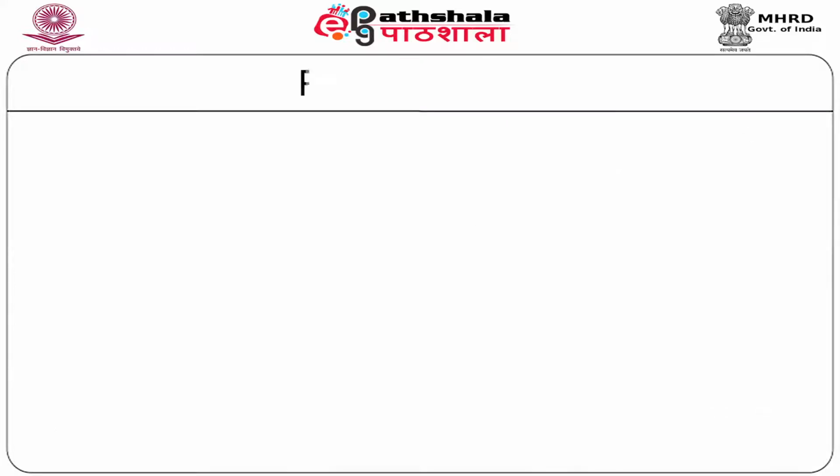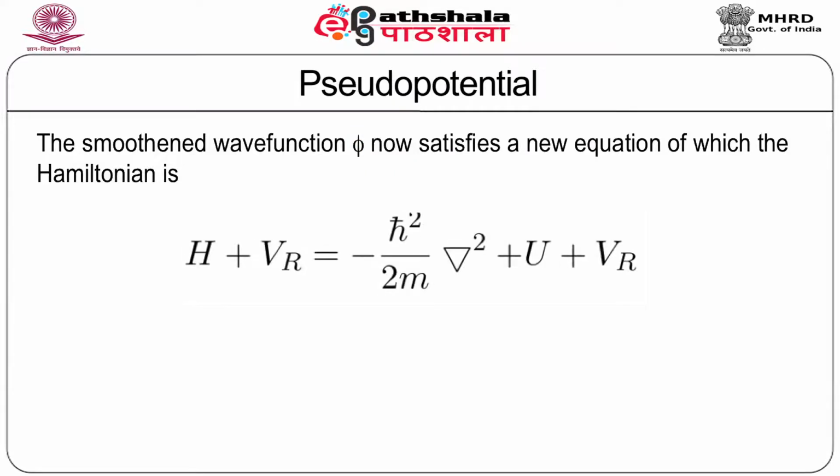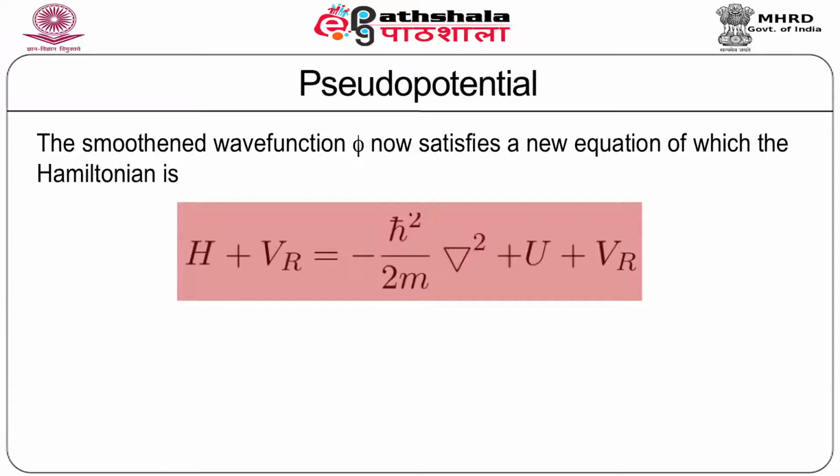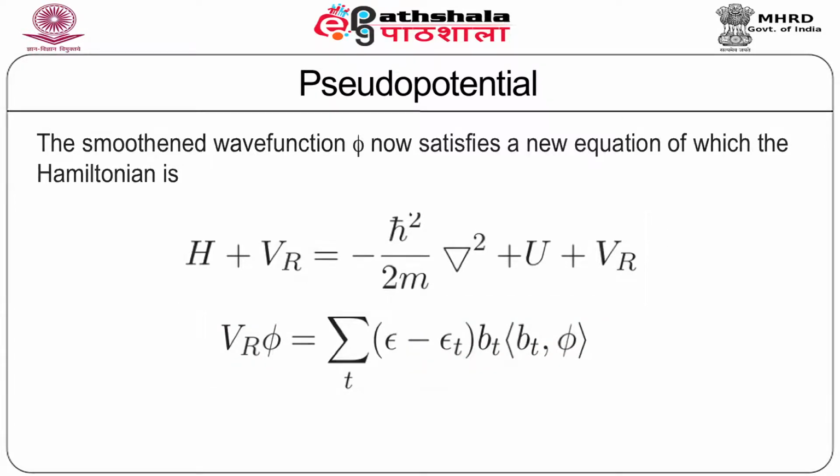So the above equation, which was shown in the previous slide, may be looked at as a new Schrodinger equation for a smoothened wave function phi, which satisfies a new equation of which the Hamiltonian is given by h plus Vr, equal to minus h bar square by 2m delta square plus u, where u is the original crystal potential, plus Vr, where Vr times phi is a summation over t of epsilon minus epsilon t times bt phi.